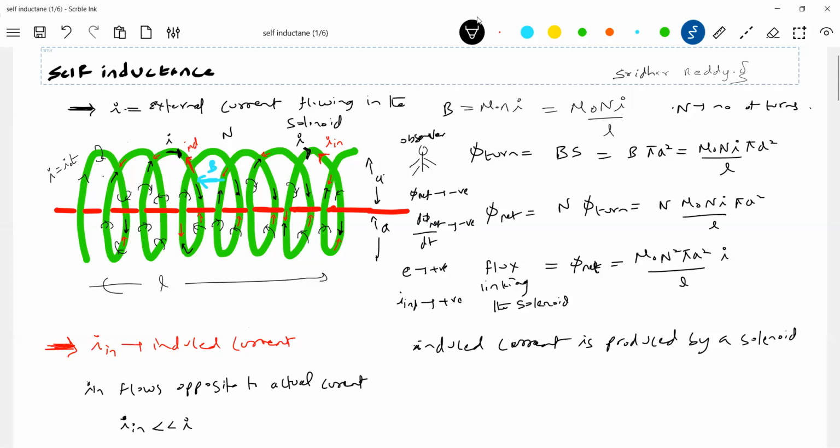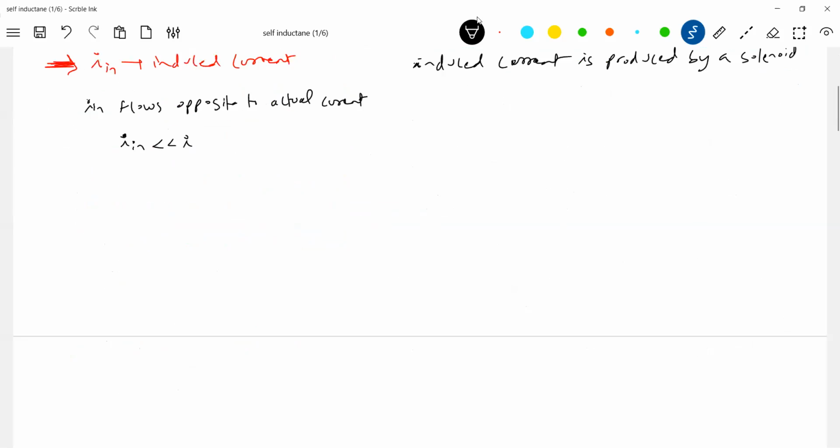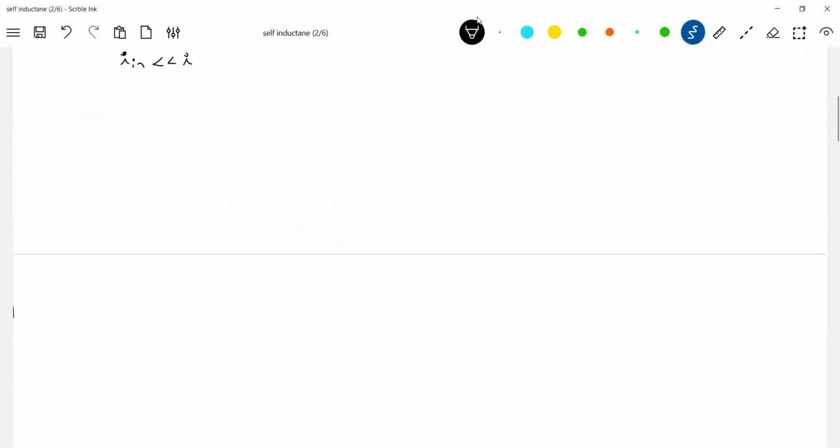Okay, let's do one thing. I'll send a decreasing current. If I send a decreasing current, what parameters will come? Let's analyze that condition also. Drawing that.